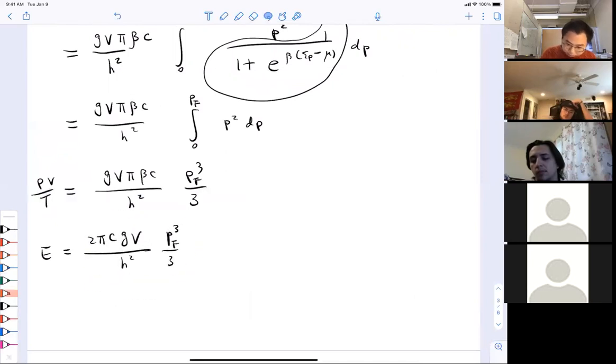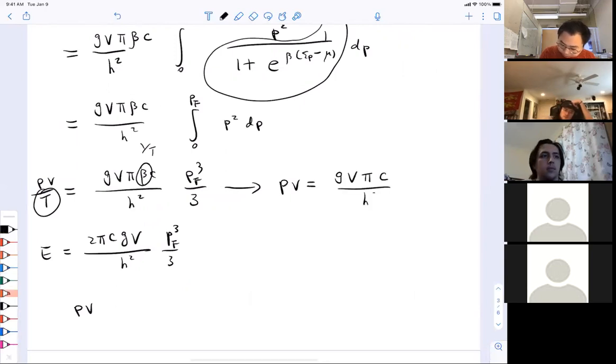So as you can see, PV, by the way, at times T on both sides, PV equal to, this T will cancel with this 1/T, right? So this G V pi C H squared, something like that.